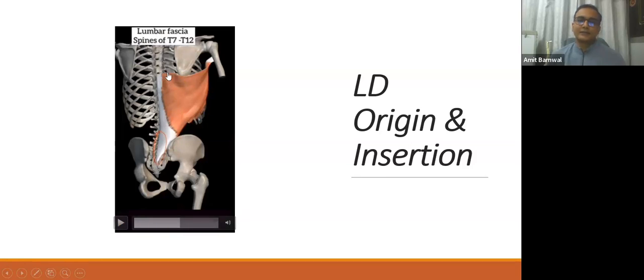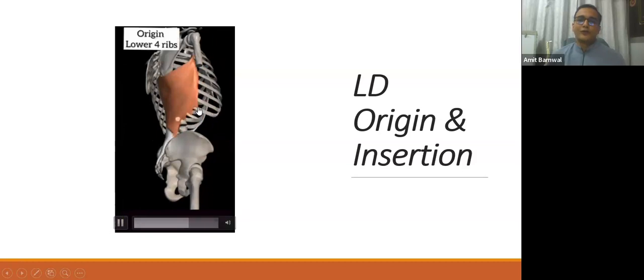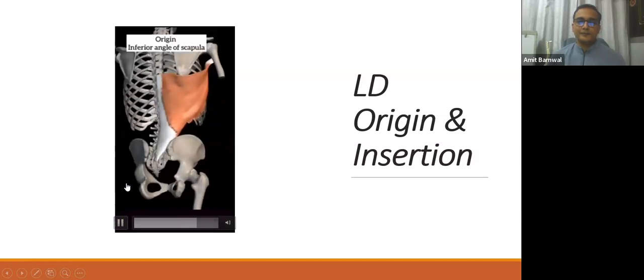It attaches to the thoracolumbar fascia as well, and to the lower 4 ribs. And this broad, big muscle has a very small attachment at the inferior angle of the scapula.